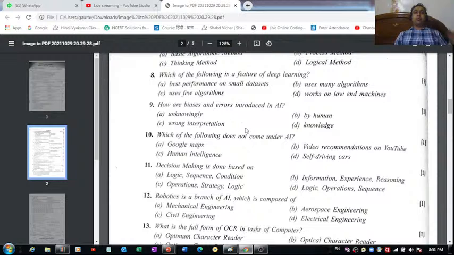So suppose an AI machine has been deployed on an Amazon site, and it has been given the duty of going through the resumes which are coming on the website and finding the best resumes. Now at the end, if it selects 6,000 resumes, out of which 4,000 are of male candidates and 2,000 are of female candidates, then what does this mean?